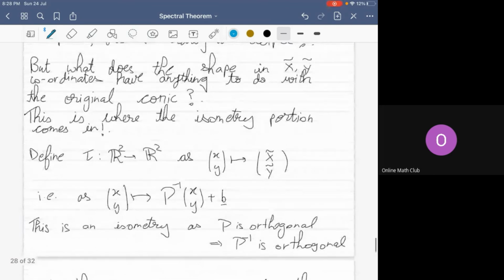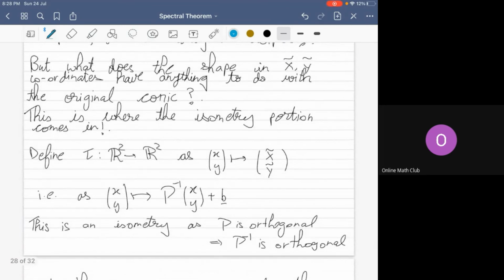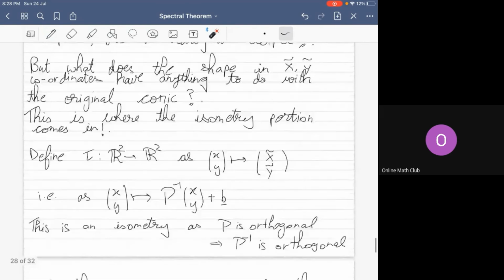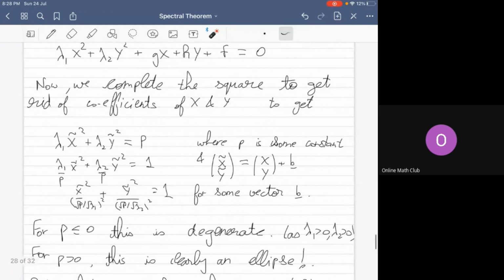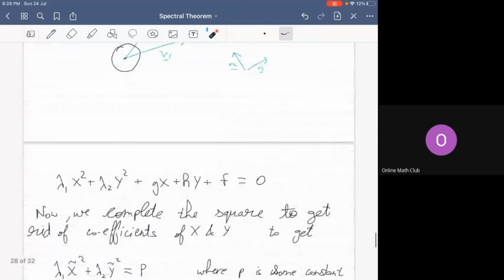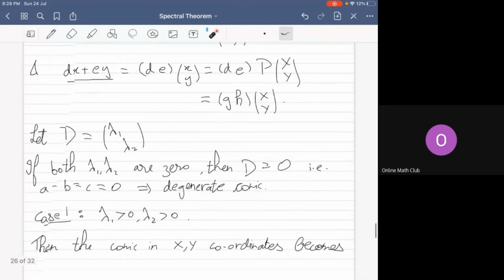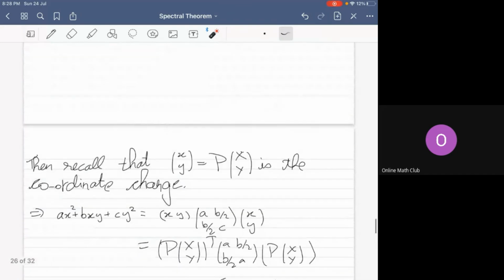More precisely, consider the map sending small x small y to capital X tilde capital Y tilde, and notice that capital X tilde capital Y tilde was this capital XY plus b vector, and then capital X capital Y vector was, because of the change of basis, this thing.